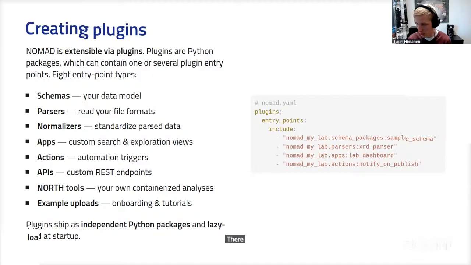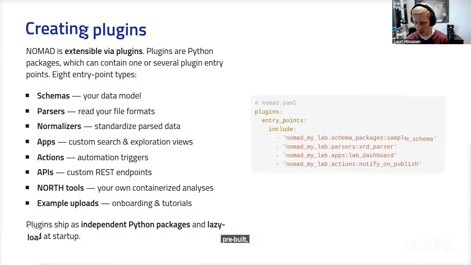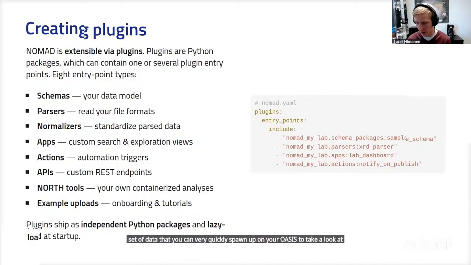There's node tools, which I gave you an example of. And then there's also example uploads, which are essentially a pre-built set of data that you can very quickly spawn up on your Oasis to take a look at an example set of data to understand, for example, how a certain schema works.